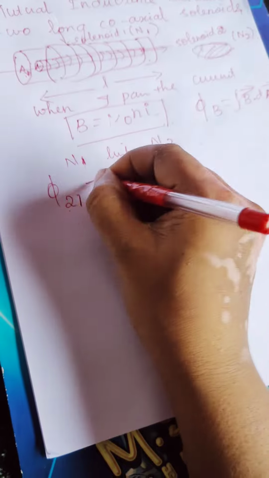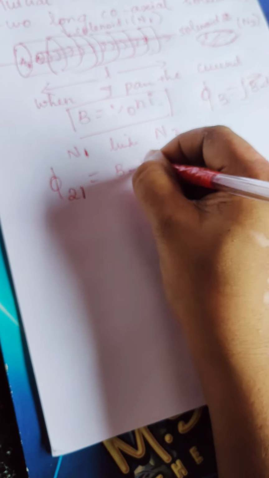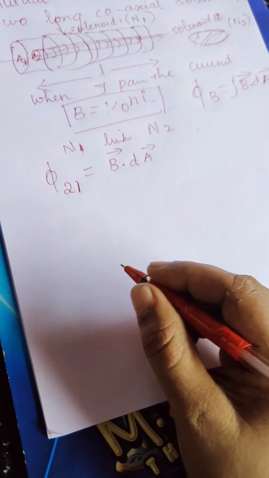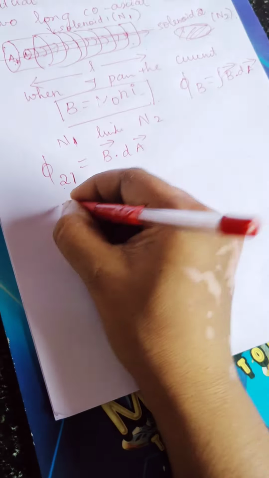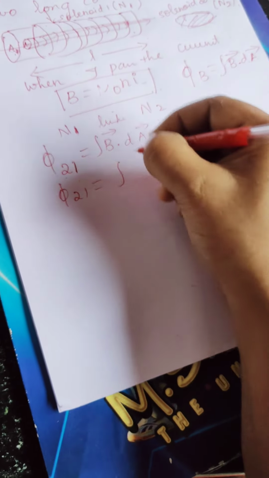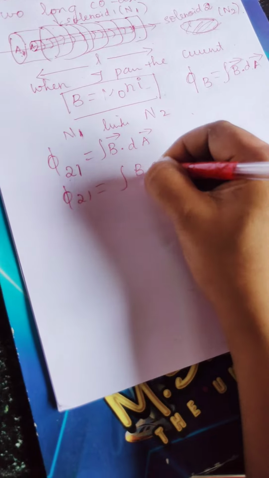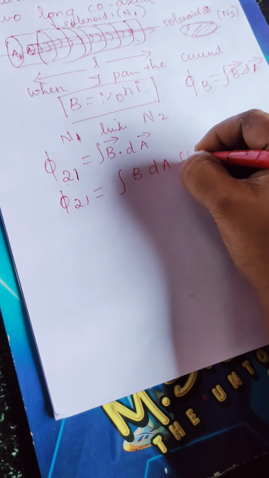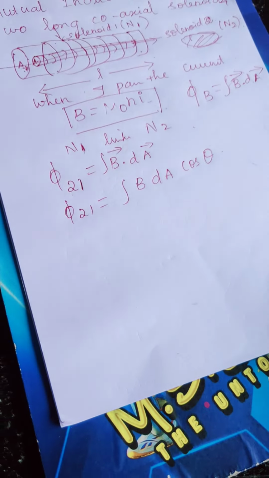When the magnetic field lines pass through the selected area, I get the magnetic flux. So flux 21 is equal to the integral of B dot dA. We know that the dot product of two vectors is the integral of B dA cos theta.